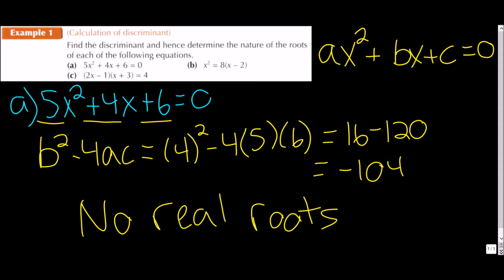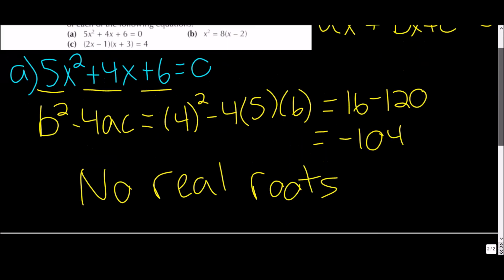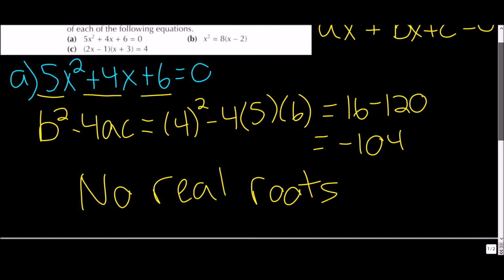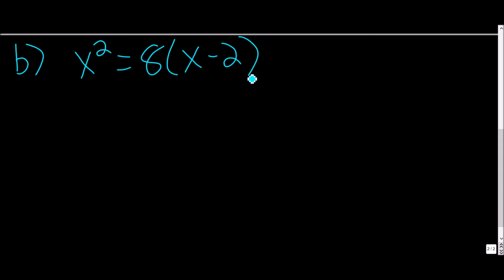So our next one that we see is x squared equals 8 times x minus 2. Well, this is not in the standard form, so we need to put it in that form. We need to get everything on one side. There's multiple ways that you can go about doing this.